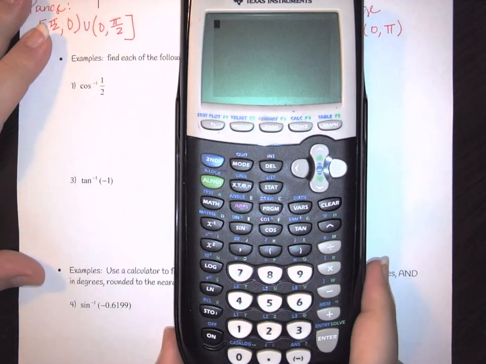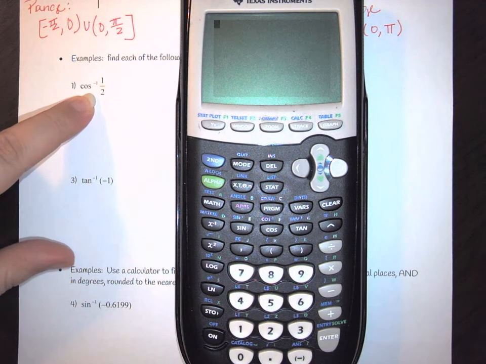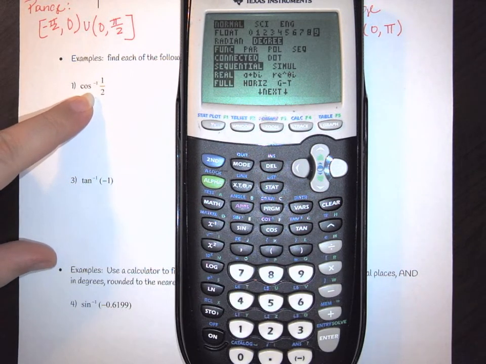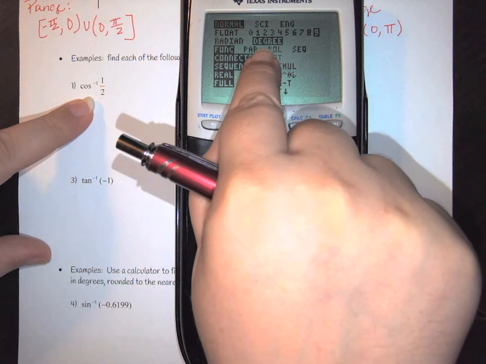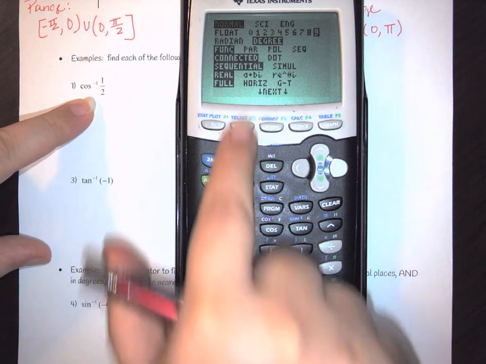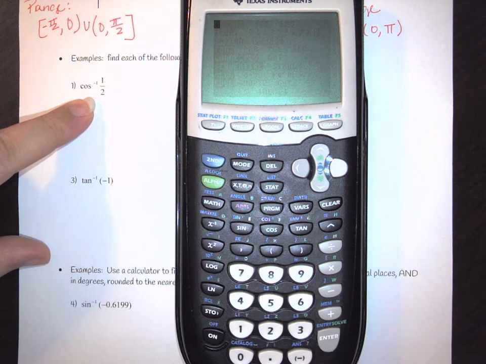Alright, so if you get your calculator out here, we want to do the inverse cosine of 1/2. The first thing you always want to do is double check. First, we want to find our degrees. Since it's highlighted, I'm in degrees, so you can go ahead and quit out.